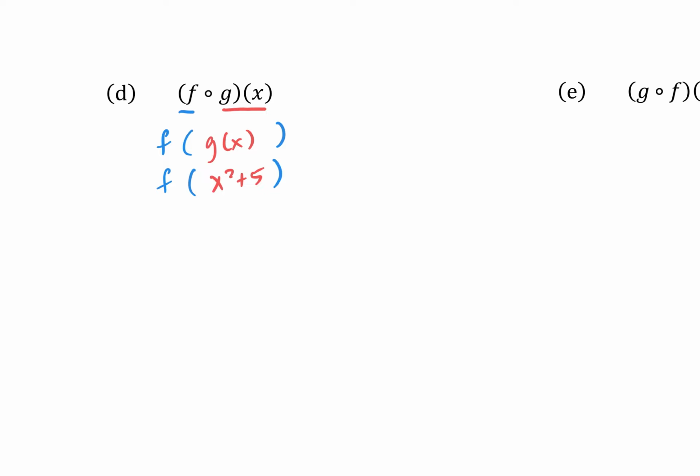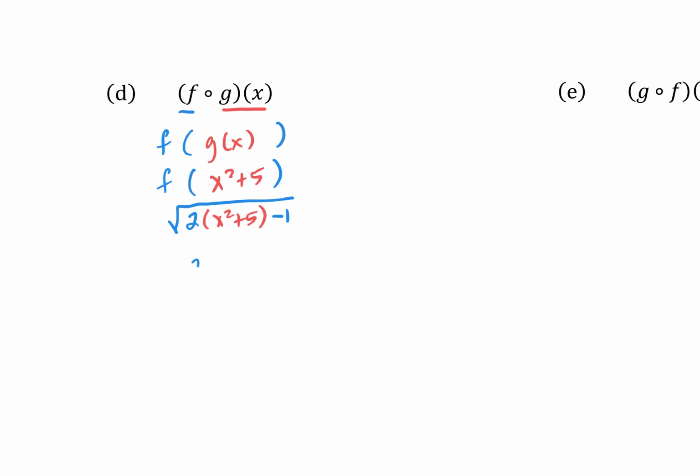So I'm going to write this one out so it's clear. This is the square root of 2x, but instead of x, I have x squared plus 5. And then it's a minus 1. This is what I need to simplify.